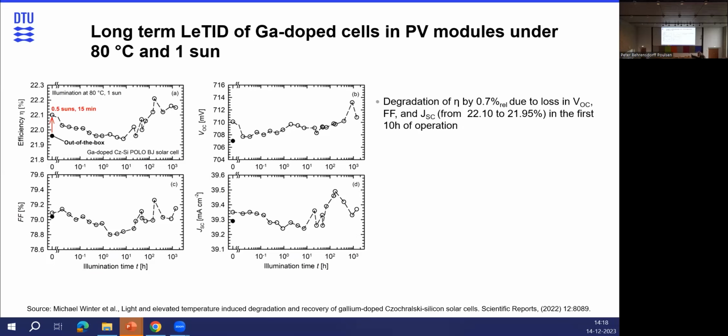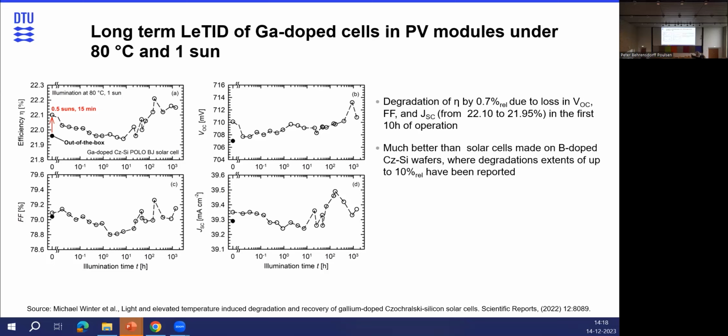And this was recovered, but it took about 1,500 hours to recover. So gallium doped silicon is quite resistant and much better, both to LID and LETID, than boron doped one.